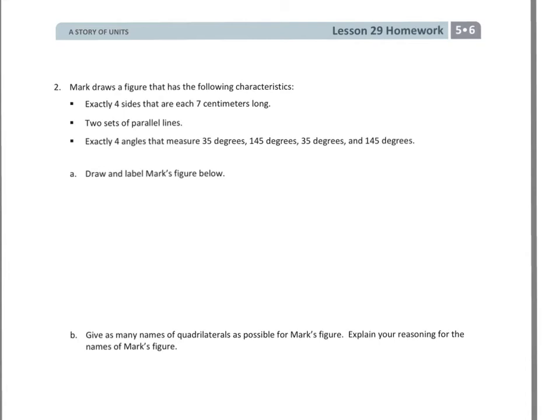So the first thing I have to do is I see that it's going to be 4 sides that are equal in measurement, 2 sets of parallel sides, and then I have a 35 and a 145, 35 and a 145. So I have 2 acute and 2 obtuse. So let me get my outline of my shape on there.